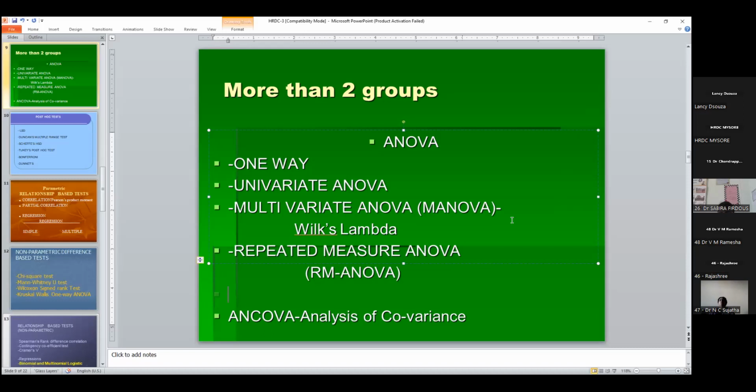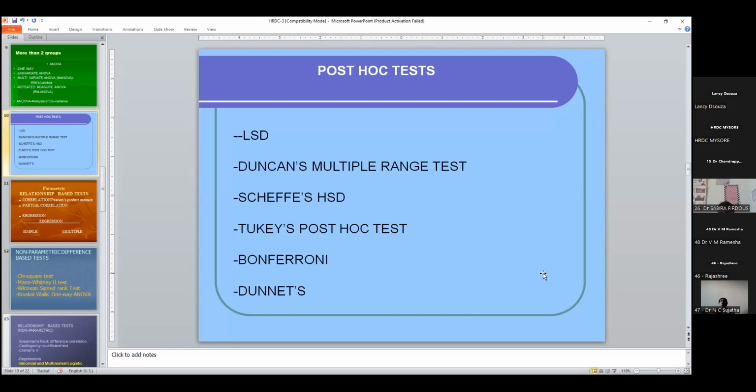Whenever you use ANOVA, we refer to it as a macro level analysis. So you have to further find out the micro level of analysis where, suppose you have three groups A, B, C, and your F test says that there is a significant difference. Now you have to go for the multiple comparisons, whether A to B is significant, A to C is significant, or B to C. So possible mean comparisons in pairs, and whether those pair differences are significant or not, are done by any one of the following tests.